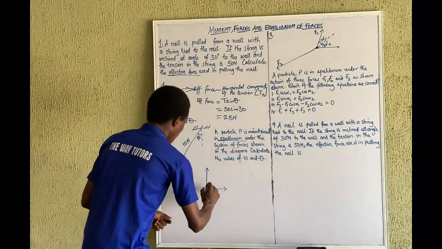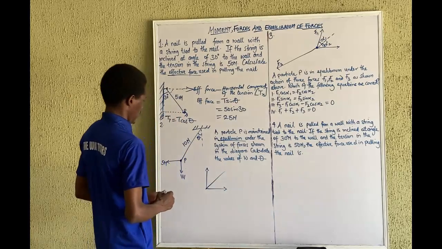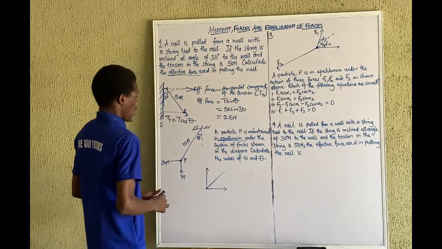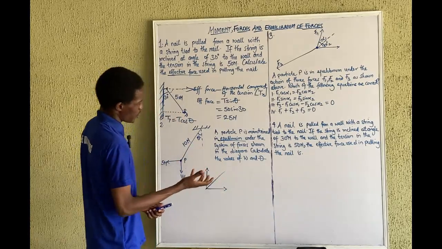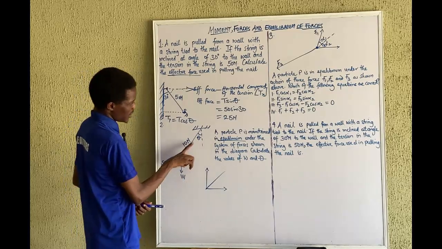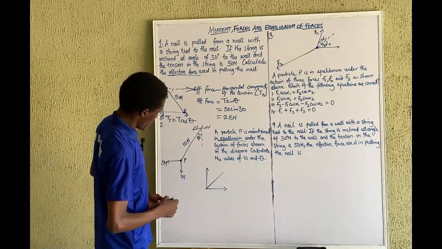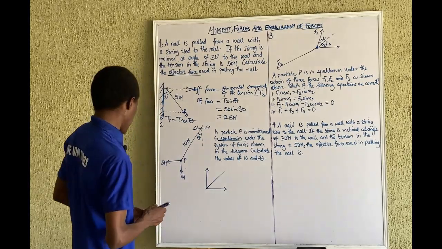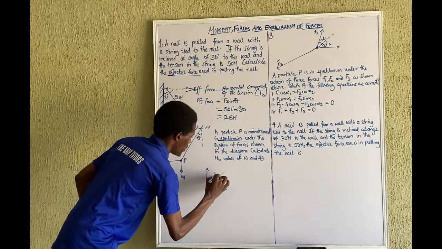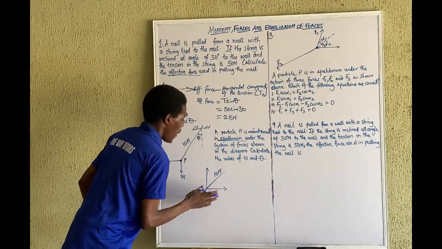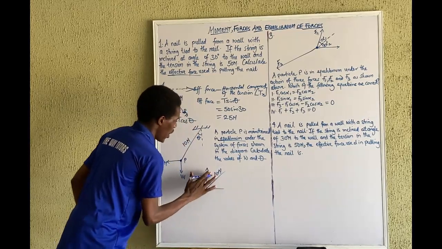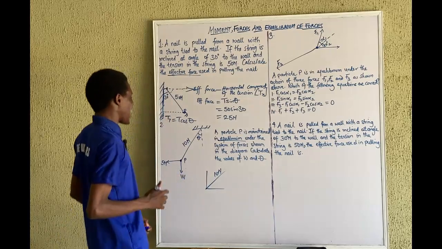Now, I'm going to bring this to a right angle triangle. The rope in question is 10, but you have two other forces used to balance it up.